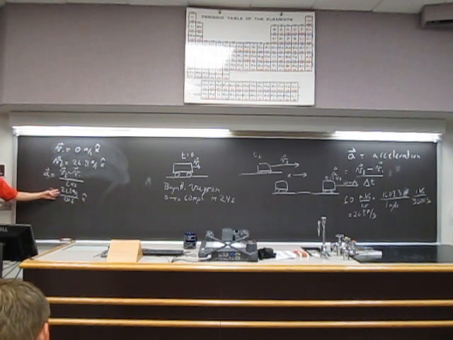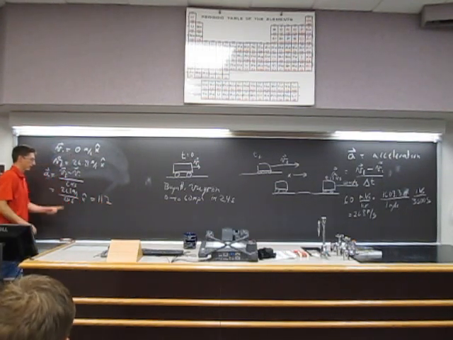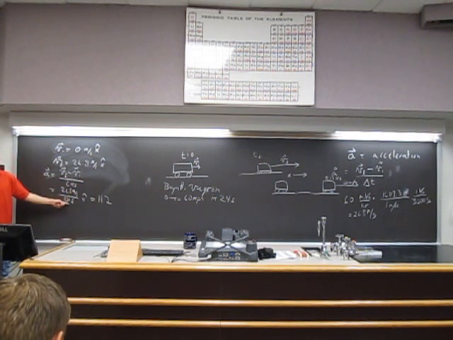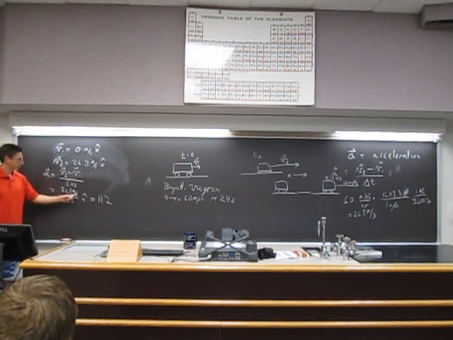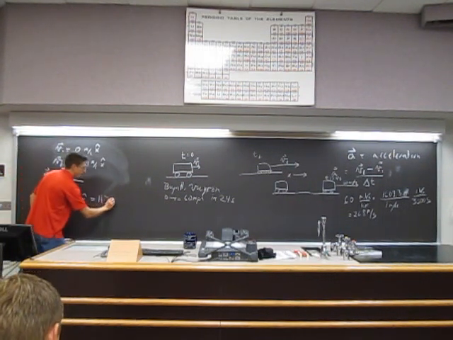And what do you get when you do this? 11.2. What would the units be? Meters per second divided by another second. Meters per second squared.